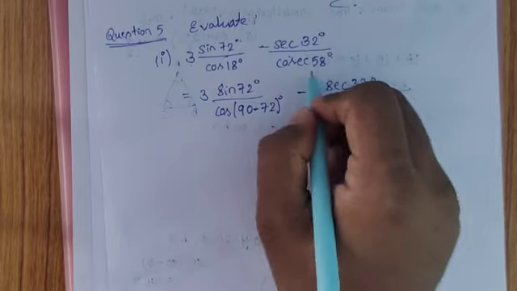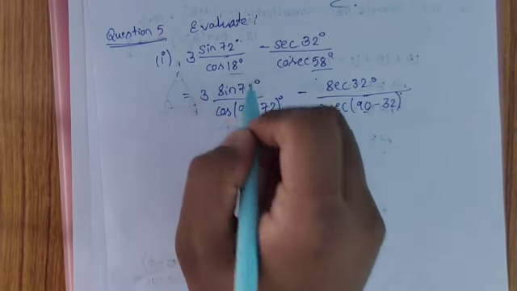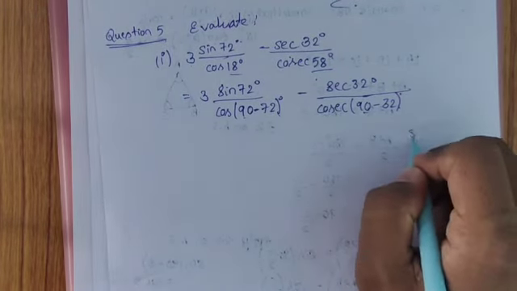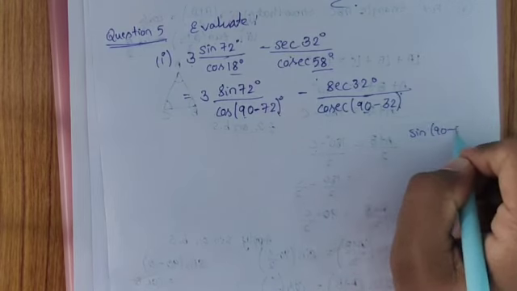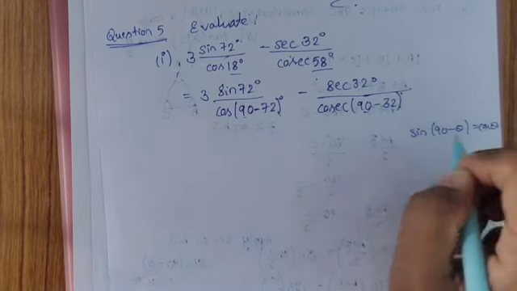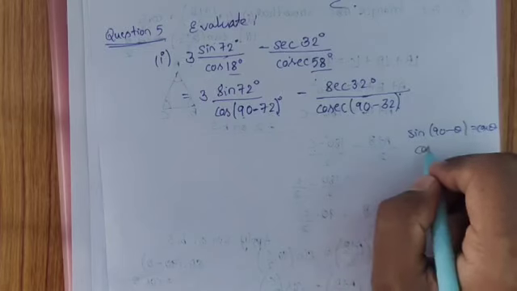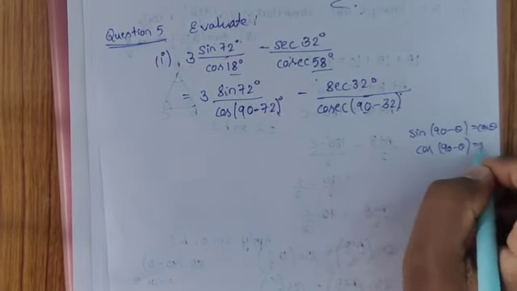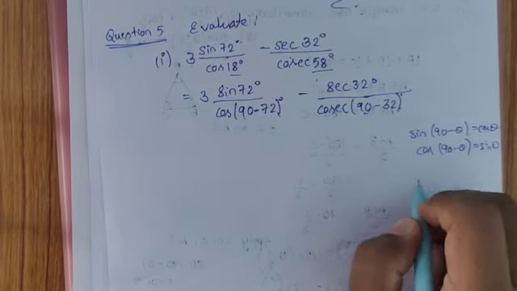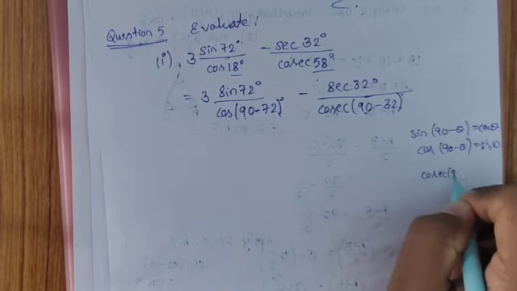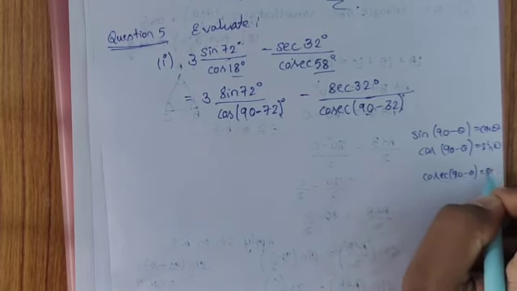So 90 minus 32 becomes 58. Similarly, 90 minus 72 becomes 18. So we know that sin(90 minus theta) can be written as cos theta, and cos(90 minus theta) can be written as sin theta. In the same way, cosecant(90 minus theta) can be written as secant theta.